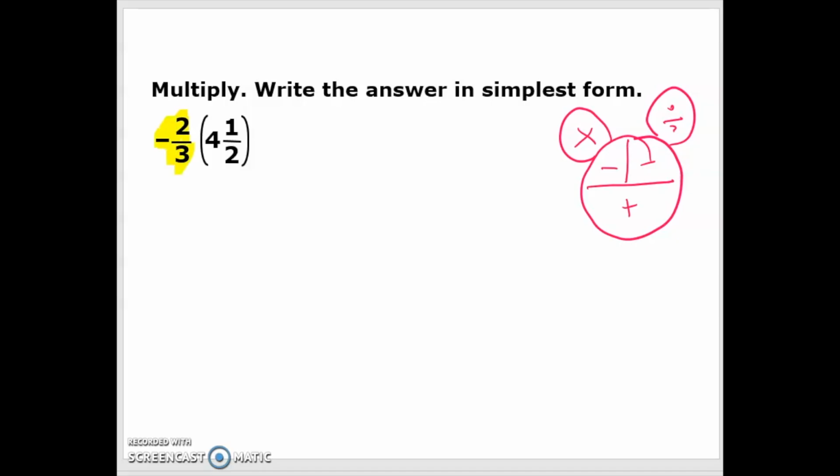It has a 2/3, which is negative. It has a 4 1/2, which is positive. So what's left over? What's left is a negative. That tells me right off the bat my answer will be negative. So I like to write that down right away, equals a negative, so that I don't forget.